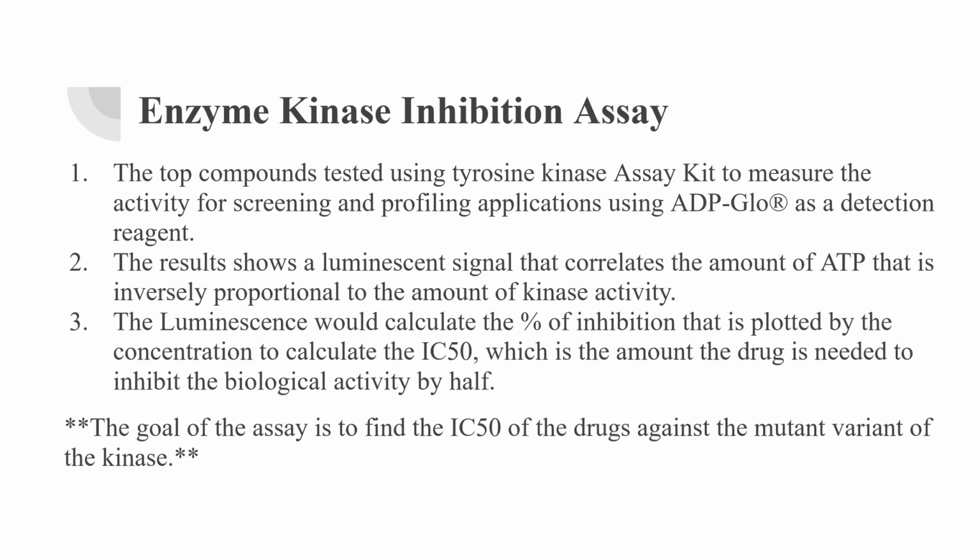The luminescence is used to calculate the percentage of inhibition that is plotted by the concentration to calculate the IC50, which is the amount of drug needed to inhibit the biological activity by half. The overall goal of the assay is to find the IC50 of the drugs against the mutant variant of the kinase.